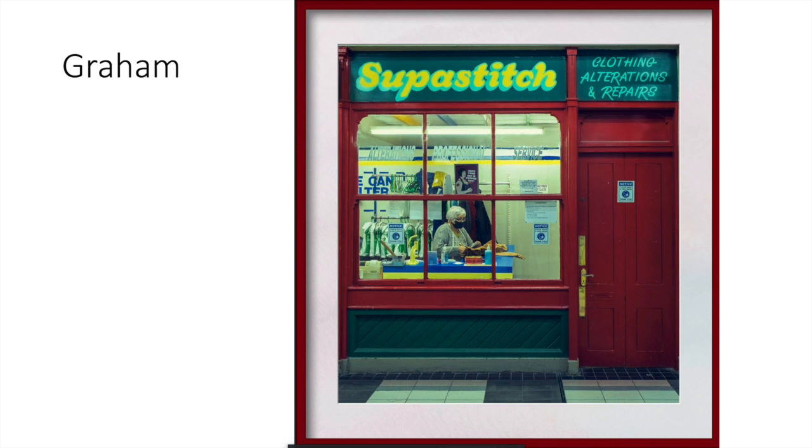I might have been tempted to raise the lighting a little on the outside, because it seems to have a bit of a cast to it, taking it slightly into the blue area. But other than that, I think it's well seen and well executed.